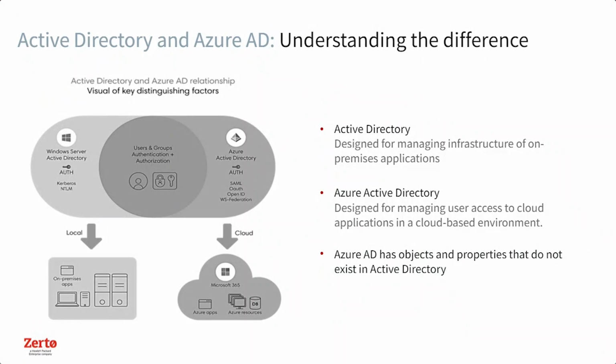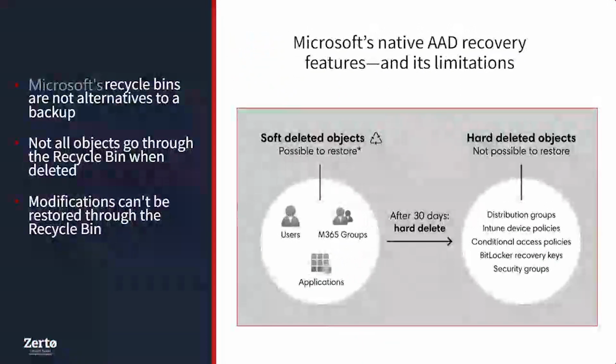When you store AD on-prem and you go to restore into Azure AD, not all your policies are compatible to be recovered, which means as a customer, you need to rebuild parts of your conditional access policies, your BitLocker keys, and part of the ability for users to gain access to the network to get to their data. What's that cost? What resources do you need in order for that to happen?